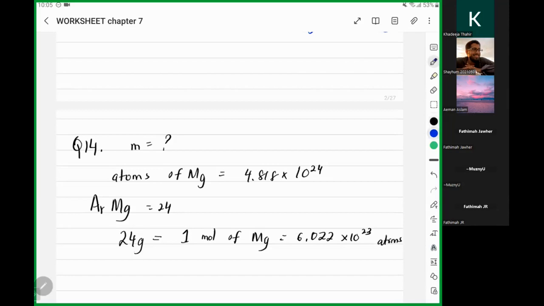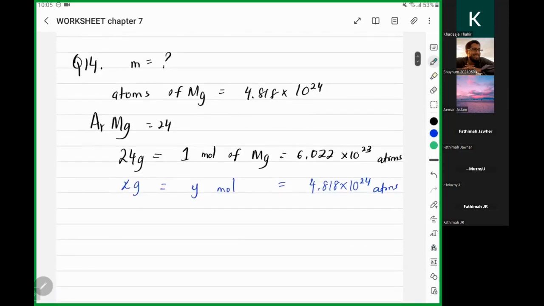So our question is X gram is equal to, let's say, Y mole, which is equal to this many atoms, 4.818. No? Yes? Yeah. So if we divide, this is into 8. Yeah. So therefore, Y will be 8 more. Therefore, X will be 8 into 24.